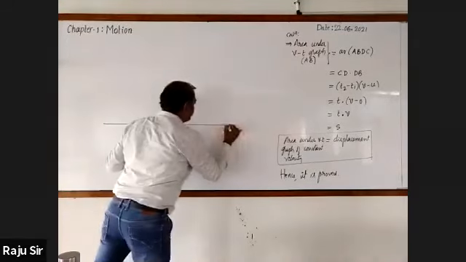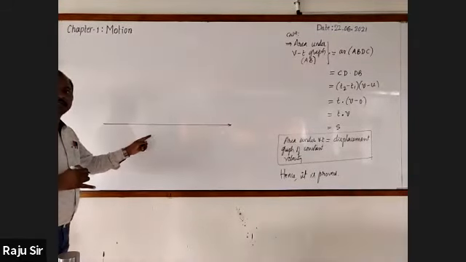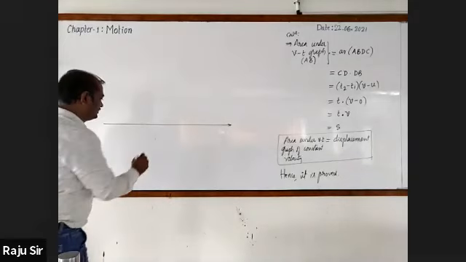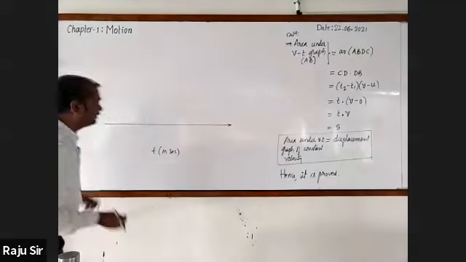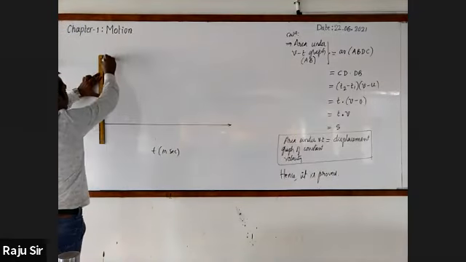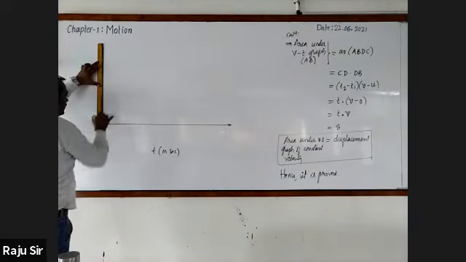Here I draw the X-axis. Time axis. Time in seconds. We have taken the time in seconds. Then I'll draw the vertical line. It is the distance or velocity axis.